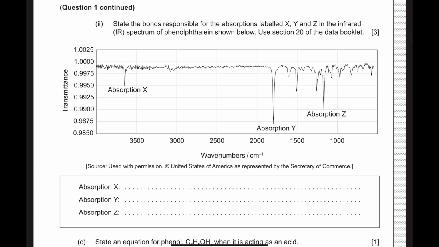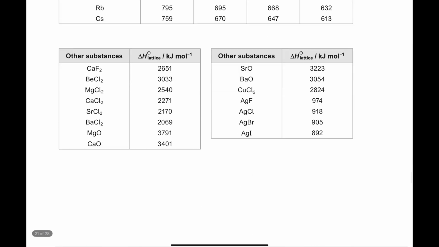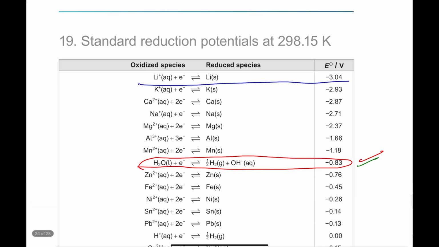Next, state the bonds responsible for absorption X, Y, and Z in the infrared spectrum of phenolphthalein. So absorption X is above 3500. Let's move on to section 20. I'll remove these annotations.